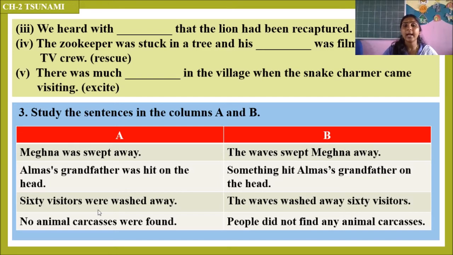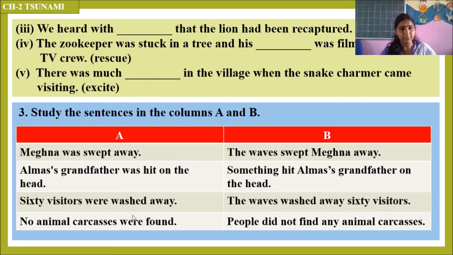Was, were, had, have. If they are adding helping words like these with the verbs, then it is the passive voice. Okay, children. Passive voice means what? In passive voice, the verb will be in the third form, V3, and it is helped with a helping verb: was, were, have, had, whatever it may be.